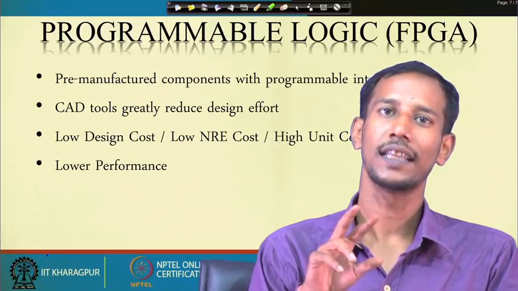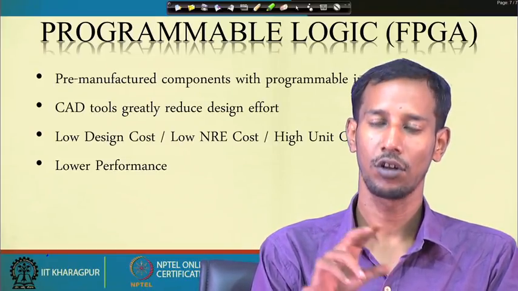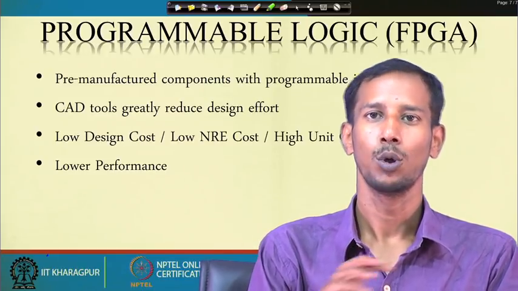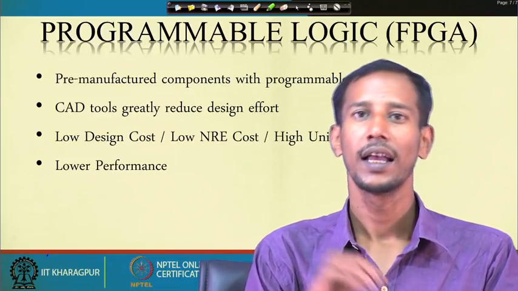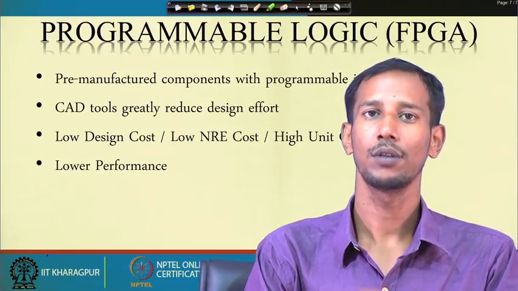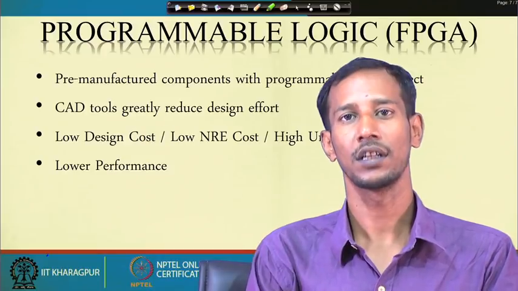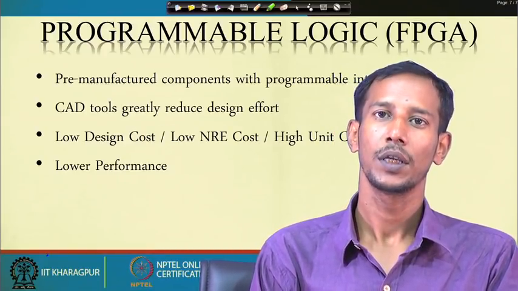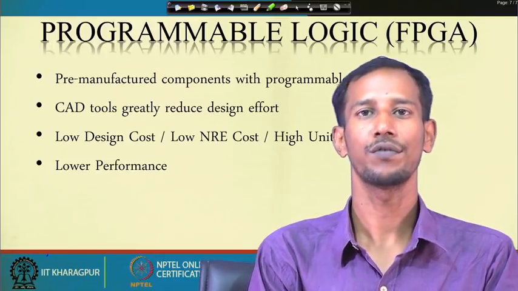So, the difference is that in application specific, semi-custom or full custom, once the design is fixed, you send it to the foundry, and you cannot change it. Once it is fabricated, you cannot change its functionality. But in programmable logic, you have the option to reconfigure it.